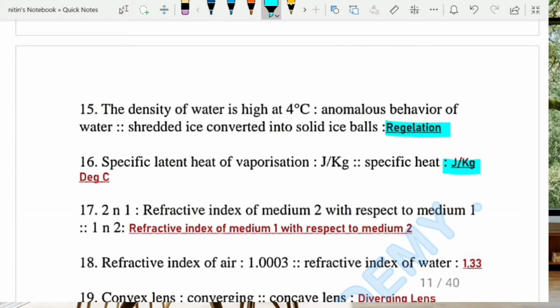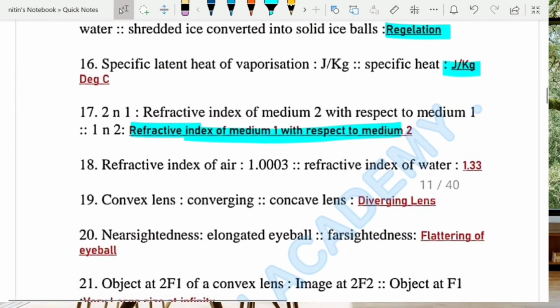Okay. Next, the refractive index of the second medium with respect to the first medium is the refractive index of the second medium versus the first. Next, the refractive index of air is 1.0003, and of water is 1.33. A convex lens is a converging lens and a concave lens is a diverging lens.